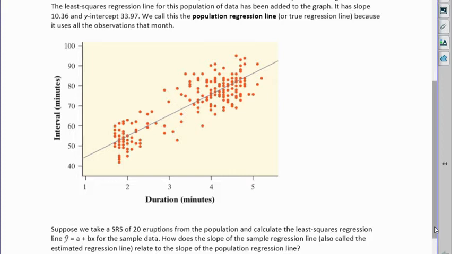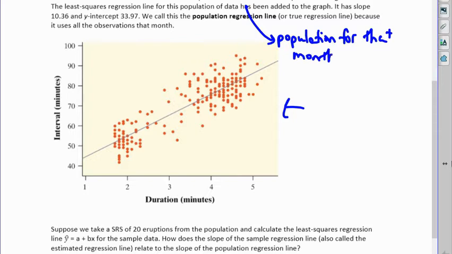So here is this example from chapter 3. It's relating the eruptions for 222 recorded eruptions in a single month. So it actually is the population for that month.